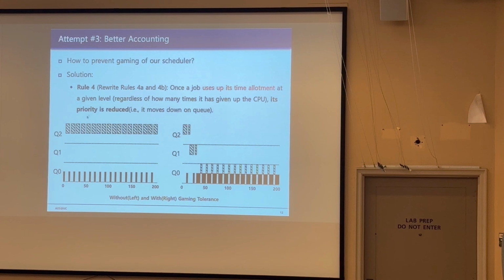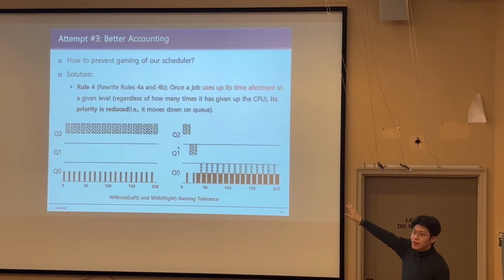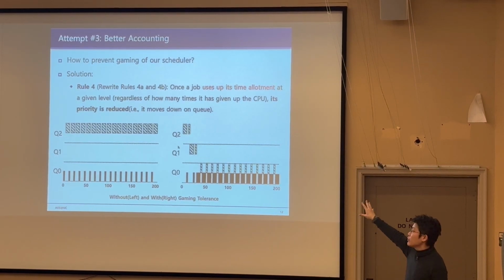So this is how it looks. I'll give 30 seconds to think about this. Without the new Rule 4, with the old Rule 4, the scheduling happened like that on the left side. With the new Rule 4, the scheduling happens on the right side. Okay?